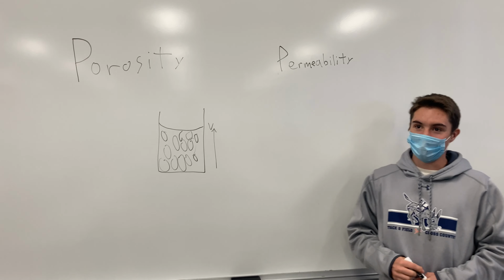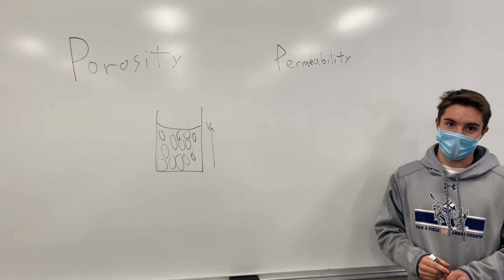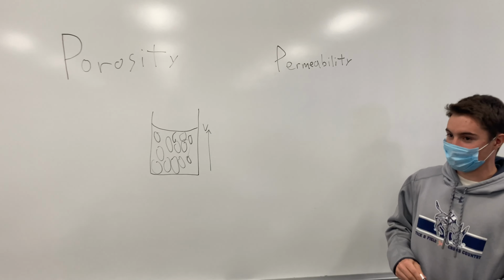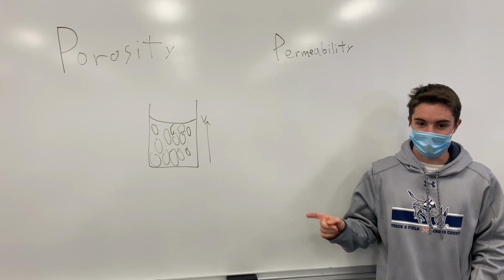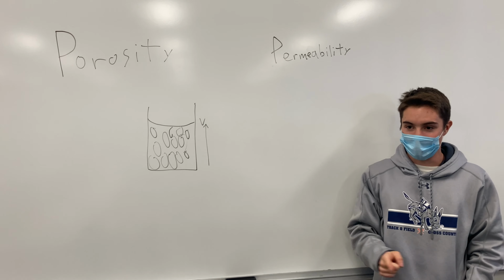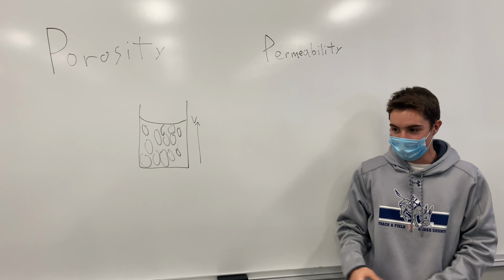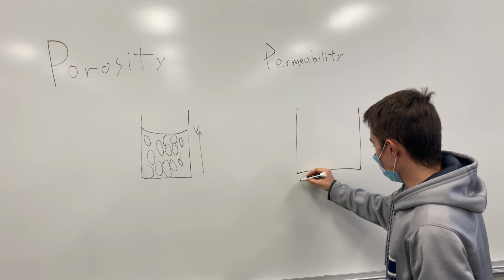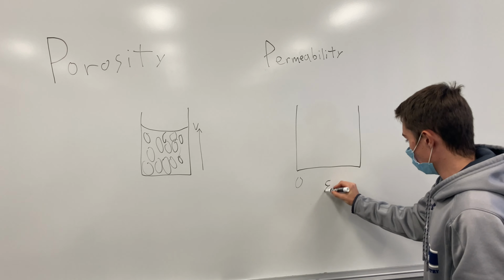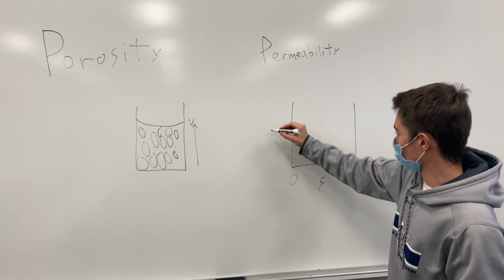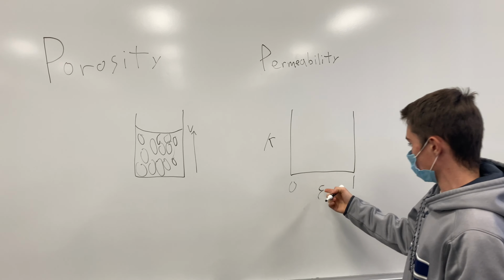And one way we can use permeability is by Darcy's law. The permeability is proportional to the porosity, or the epsilon value, cubed divided by 1 minus epsilon squared. We know that epsilon only goes from 0 to 1, and the permeability is proportional to this.